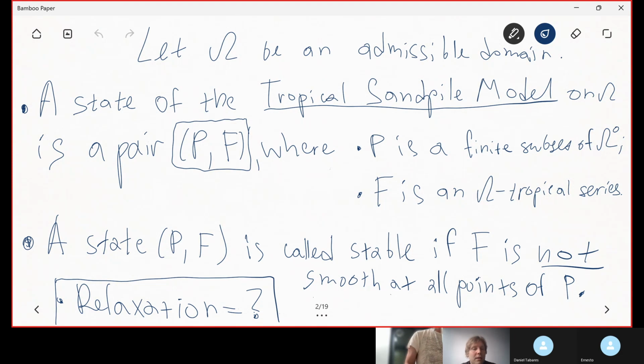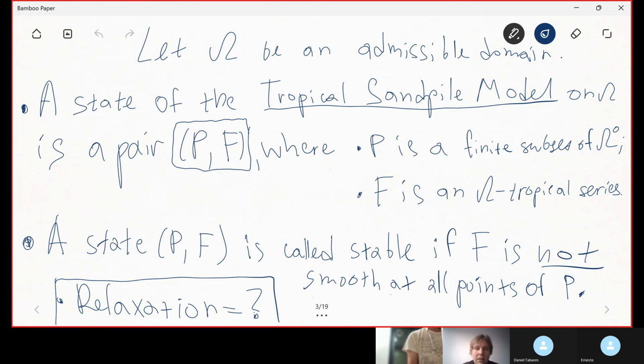A state is called stable if F is not smooth at all points of this set P. You can think that the hypersurface, or in two dimensions the tropical curve, defined by this series, passes through the collection of points. And today we'll be discussing what it means to relax a state, to stabilize it, to come from an arbitrary state to a stable state.